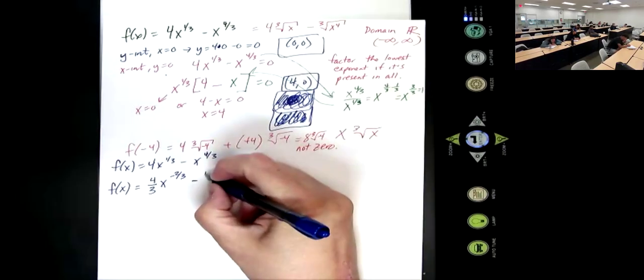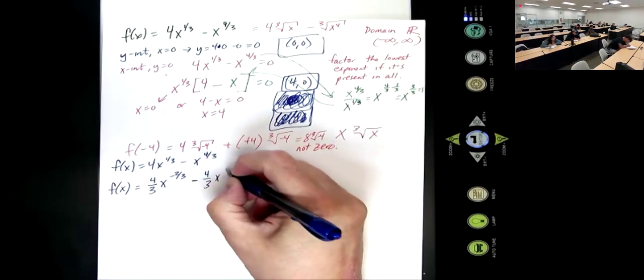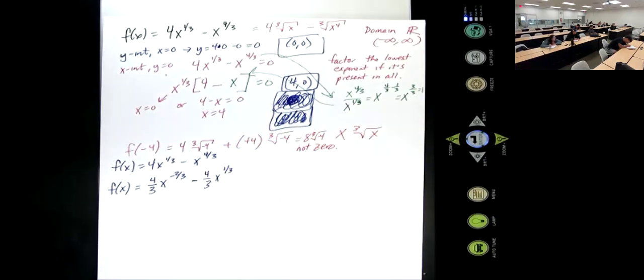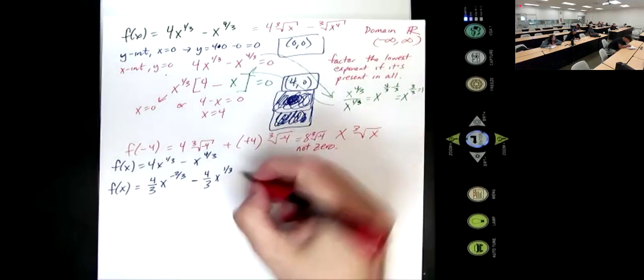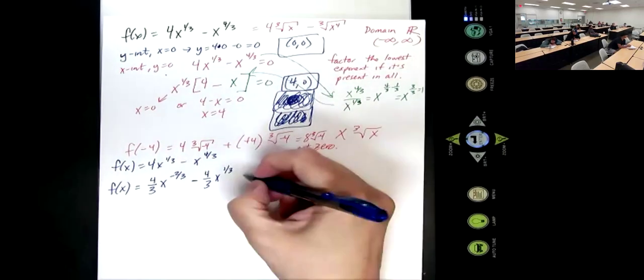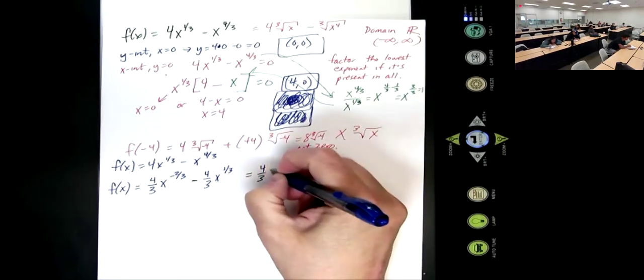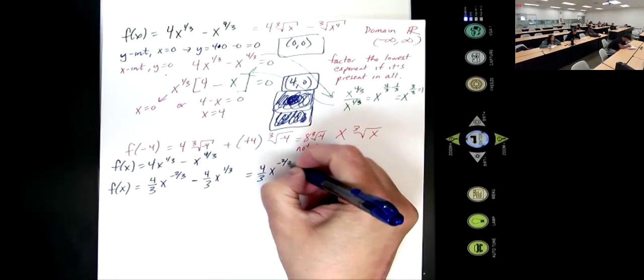And we bring the power down here, and we lower the power by 1. And we're going to do the same thing we did last time. It looks like I can factor out a 4/3, and I can also factor out the lowest exponent, which is -2/3.